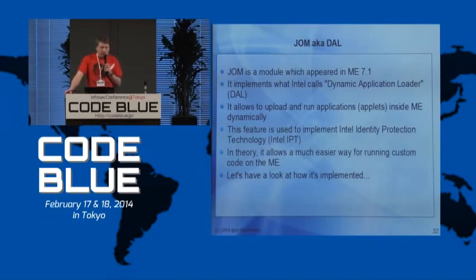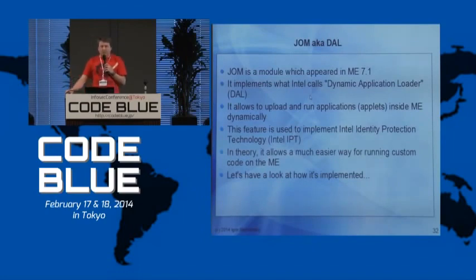Then, using those two modules and the boot ROM that I looked at, I could analyze one of the more high-level modules, which is named JOM in the firmware, but the actual marketing feature seems to be the Dynamic Application Loader.